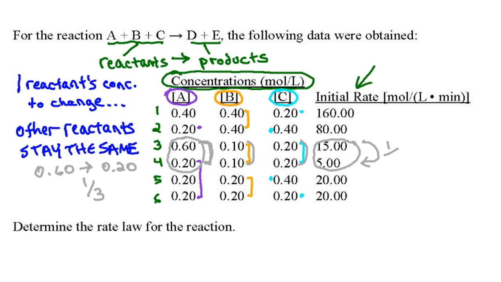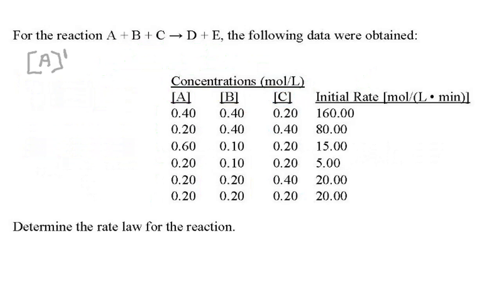So this is also cut into thirds. So between the concentration of A and the initial rate, they both progress at the same pace. So we know this is going to be first order for A. Now I wrote A to the first order up here so we would remember, but now we have to do the same thing for B and for C.